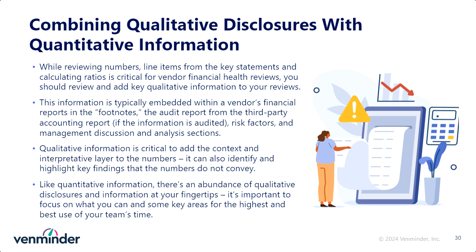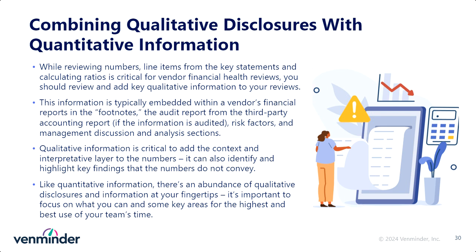Ultimately, the context is found in management discussion and analysis, risk factors, and footnotes that either the auditors provide, if that vendor has audited financial statements, or the management team or operators provide within their footnotes or within their detailed management discussion and analysis sections within the reports you'll be reviewing. There's an abundance of this information as well, similar to quantitative information. So we're here to help you tailor and focus your time on the most concise but important and critical items to include in your financial health reviews. Let's jump right into some of the information to review.